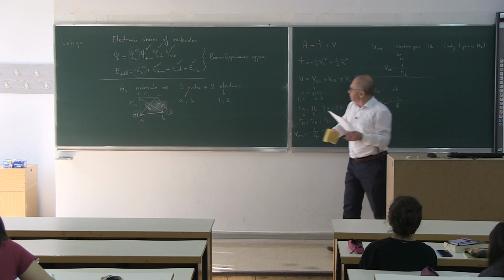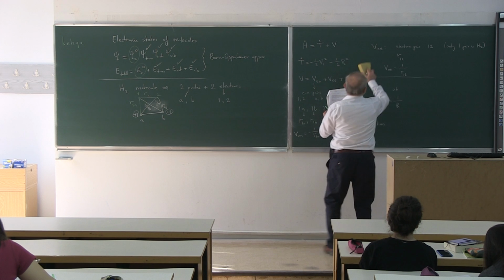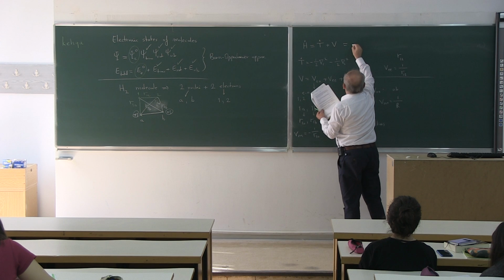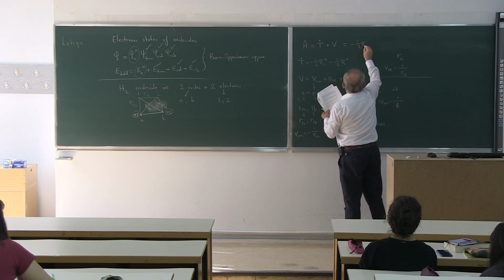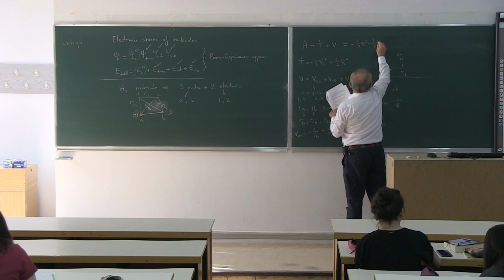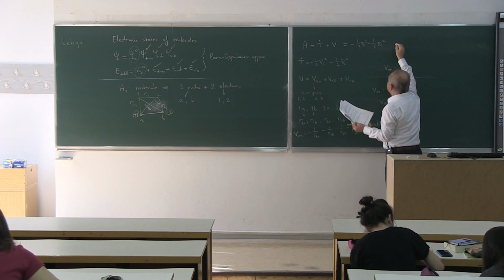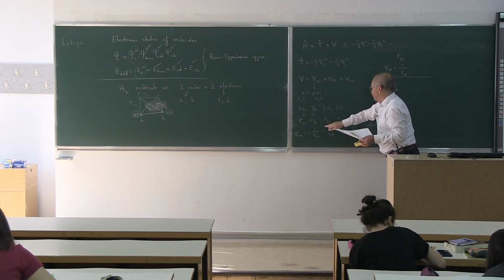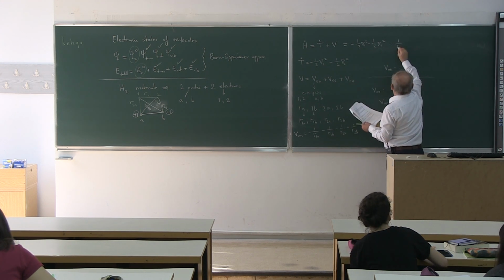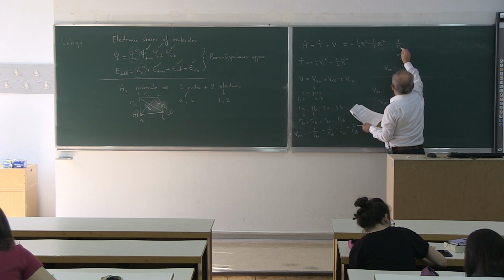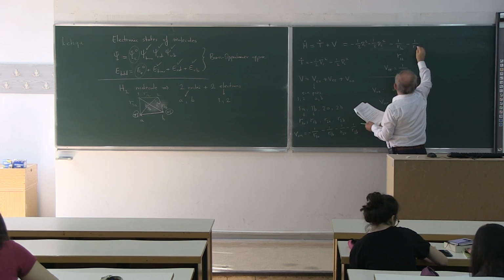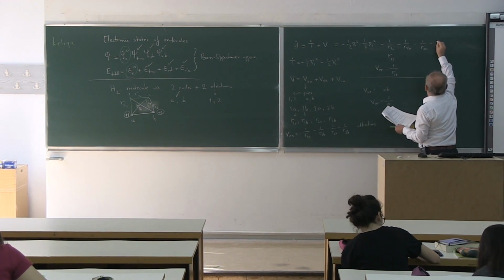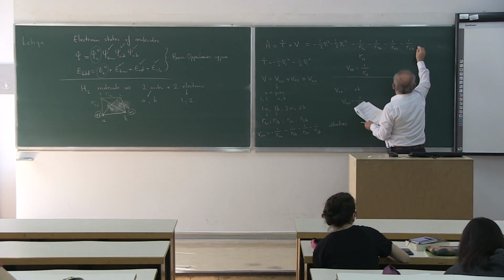Okay, so what is the Hamiltonian? -1/2, this is kinetic energy part, -1/2 del 2 squared. Then electron nuclei interactions, -1/r1a, -1/r1b, -1/r2a, -1/r2b.